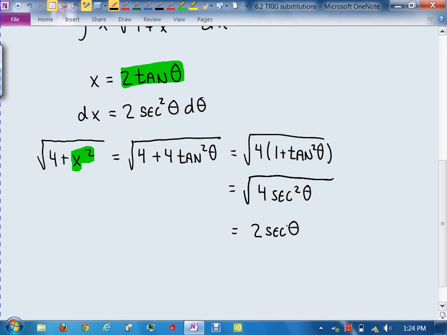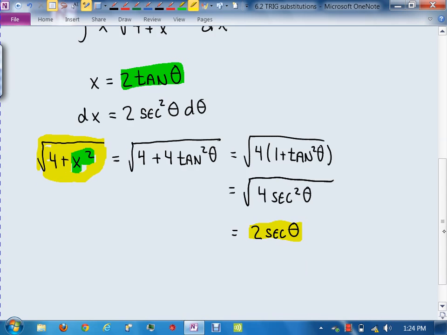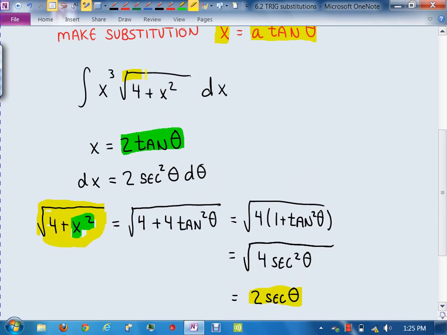You follow that logic? Replacing your x with 2 tangent theta means that we're going to be able to take that big ugly root with all that junk underneath it, and replace it with what? 2 secant theta, right? Is that okay? And then, going back up to my root, I'm going to be able to replace that with 2 secant theta, right? What about my dx?